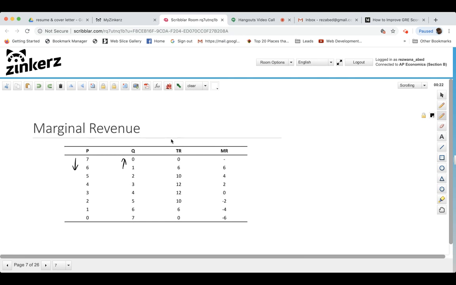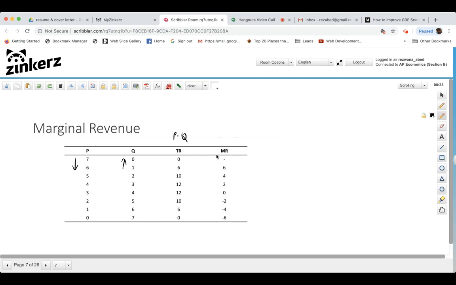And then this column is total revenue, which is just price times quantity, just multiplying at each output level. So 7 times 0 is 0, 6 times 1 is 6, 5 times 2 is 10, 4 times 3 is 12, and on and on.